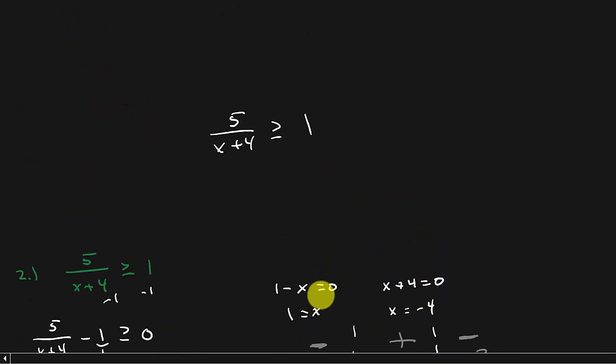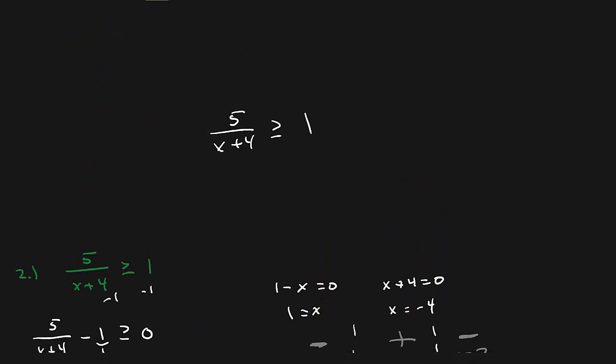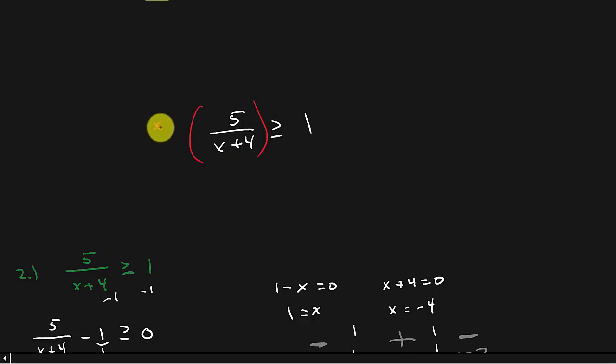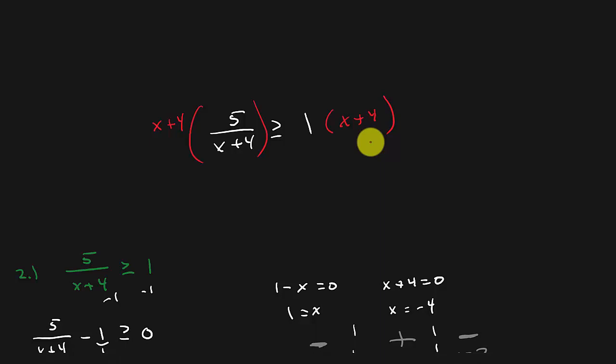So I know what you might be thinking. You might be thinking, well, instead of doing that, why don't we just multiply both sides by x plus 4 and it gets rid of the fraction for me? You can't do that. You can get incorrect answers by doing that.